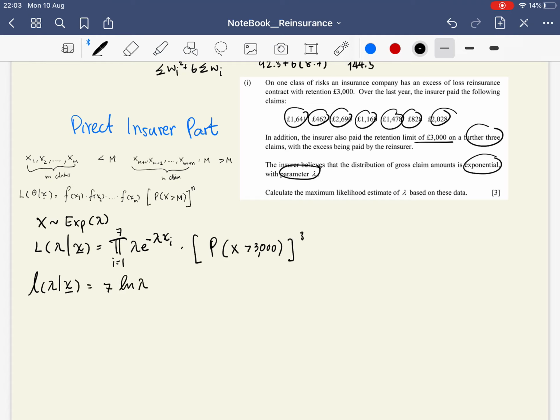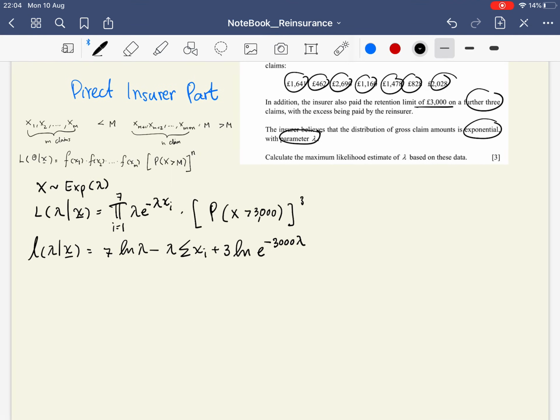We're going to have 7 log lambda minus lambda sigma of xi. And for the last one it is 3 log of the probability that x, following exponential with lambda, is greater than 3000, which is just e to the power of negative 3000 lambda. So we have this one.